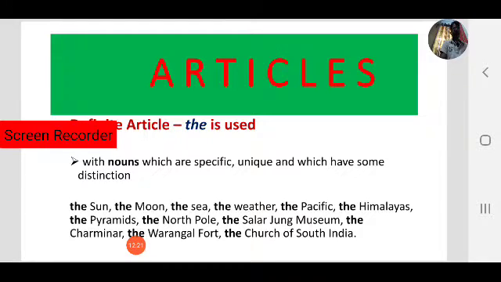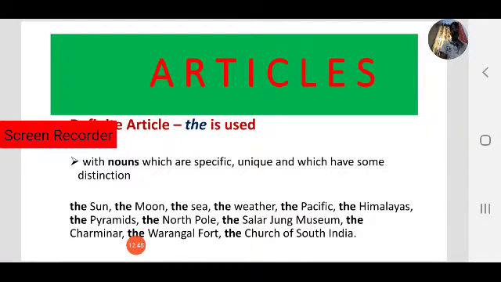Before specific nouns, unique nouns, and nouns which have some distinction, there we use the.